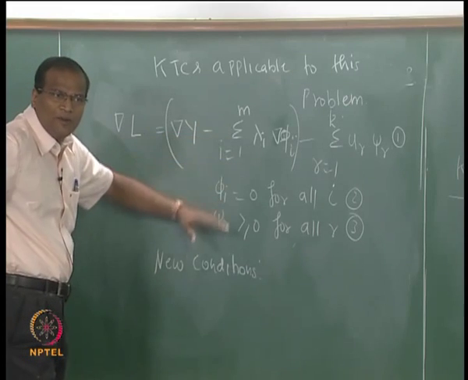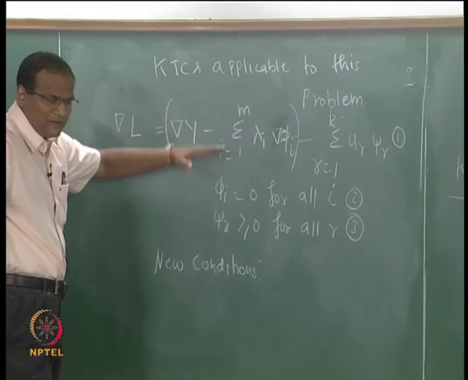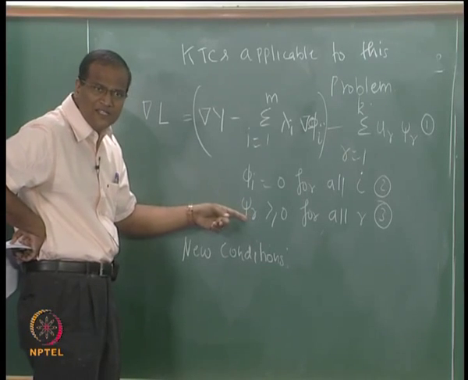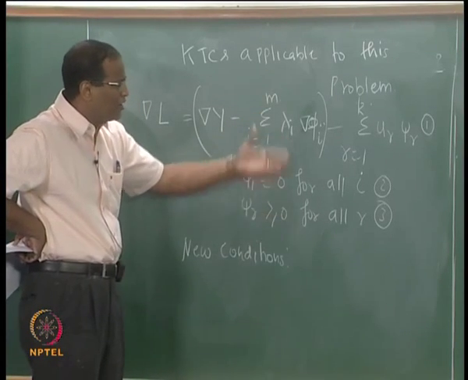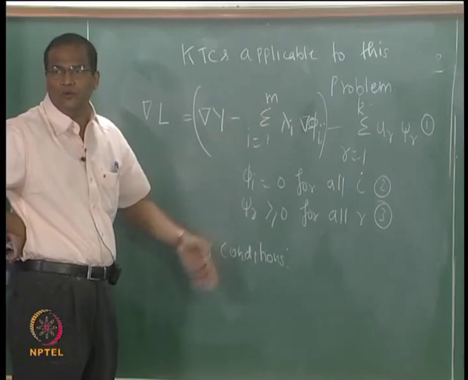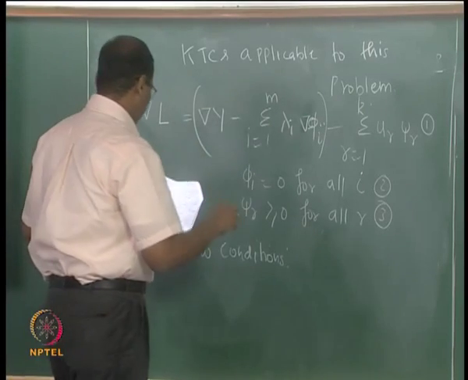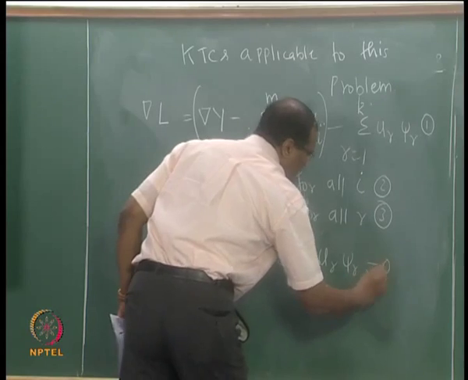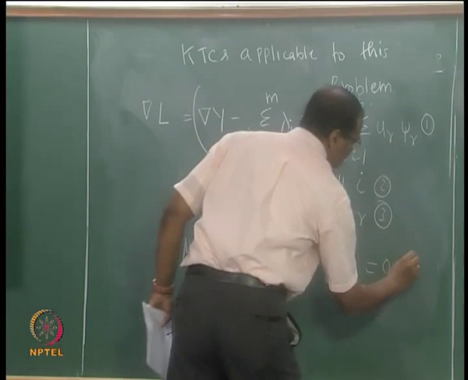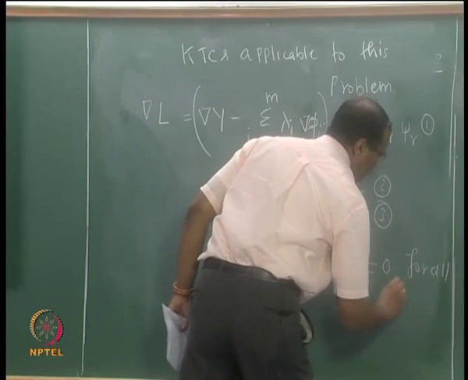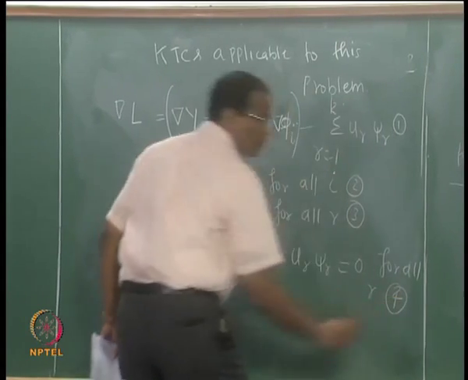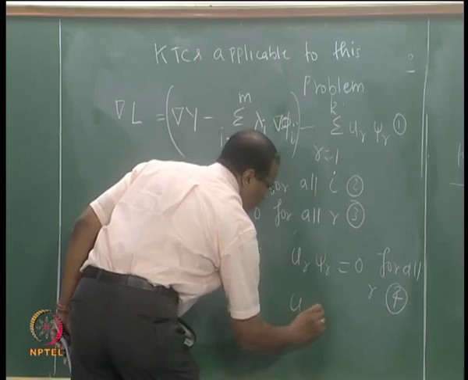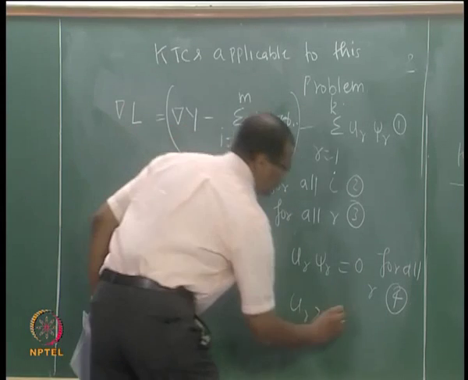Up to this there is no problem, except that we got something extra in terms of psi, which is an inequality constraint, but so far there is nothing new to you. Now we will introduce some new things. Basically u r psi r is equal to 0 for all r, and u r is greater than or equal to 0 for all r.